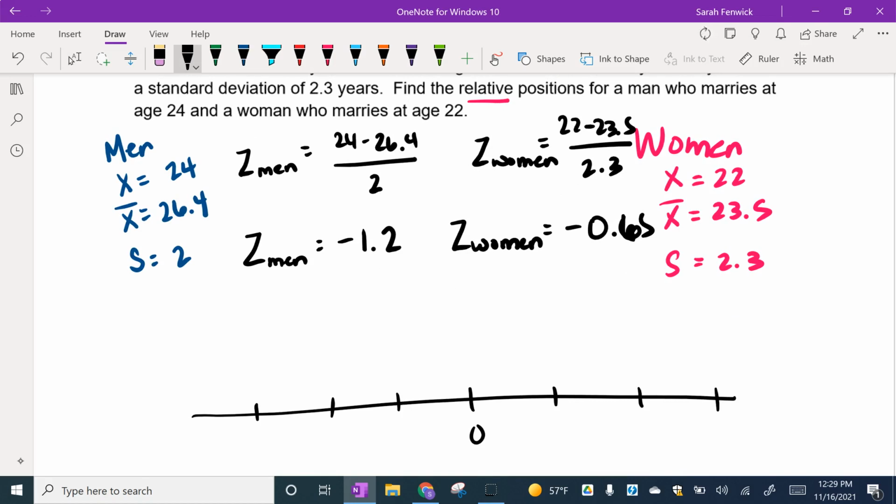There are going to be z-scores that are higher and lower than negative 3 and 3, but for our visual, this is what we usually look at. So we know that the z-score for women fell somewhere about right here and the z-score for men fell somewhere about right here. All that means is that relatively, the man was younger compared to his male counterparts than the woman was compared to her female counterparts. Okay?